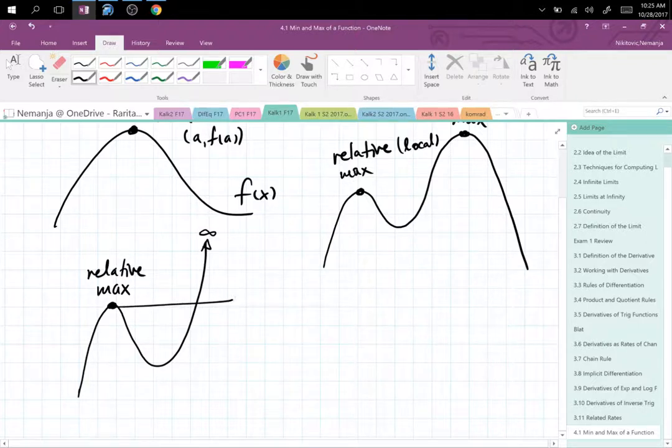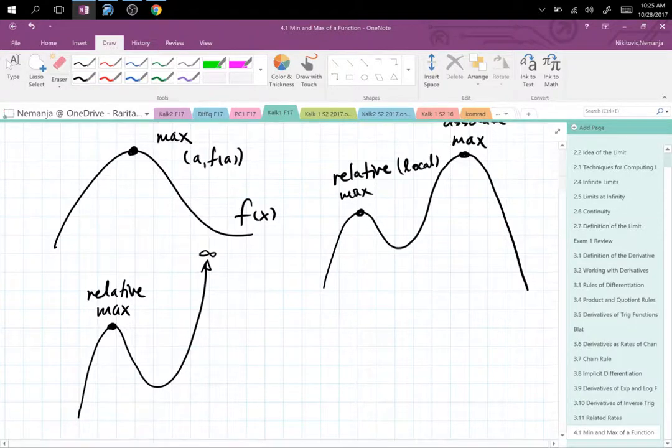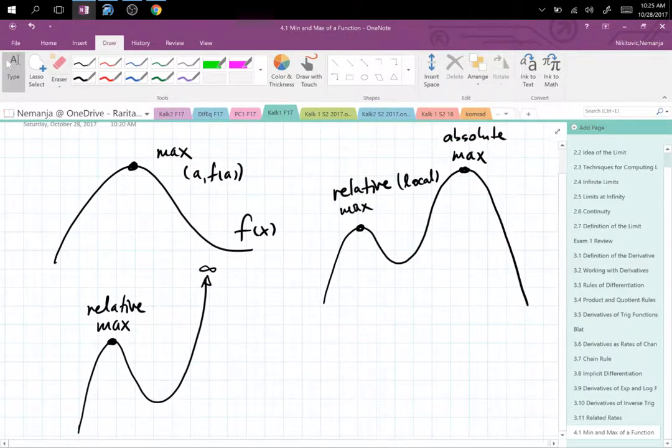As you can see, all of these points here are higher than the max that we have, so that has to be the relative max. So now you have these three graphs, and you just flip them upside down for minimum values, and you have relative minimum and global minimum, and so on.